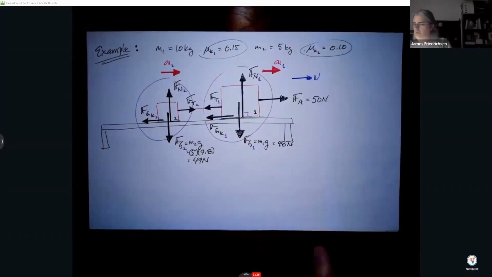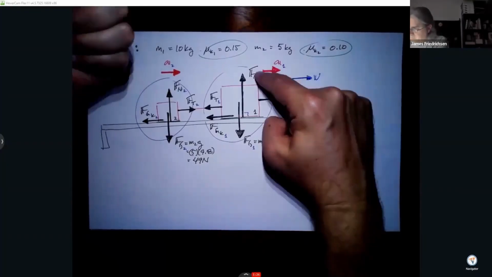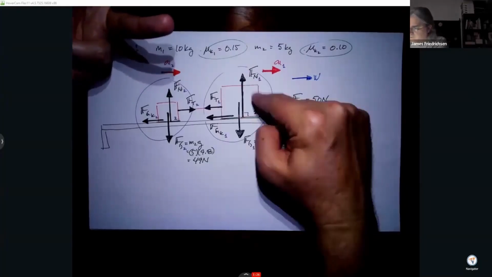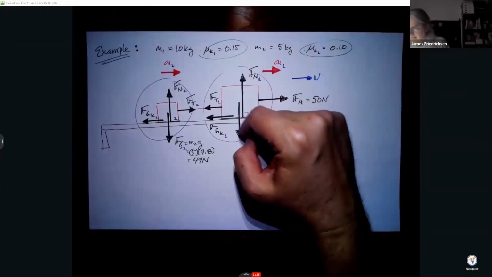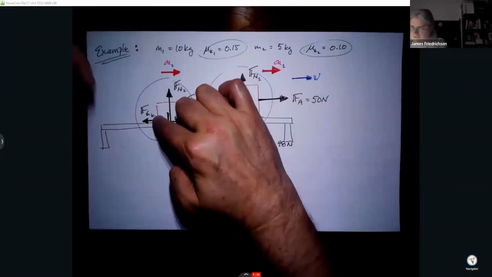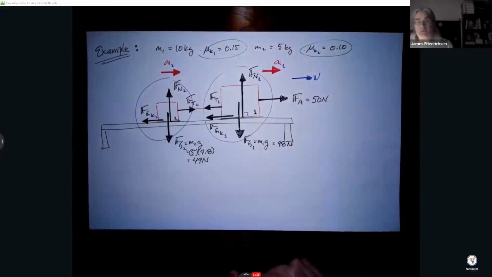So number one, we're going to count the number of unknowns. We have the acceleration, the normal, the kinetic friction, and the tension. That's 4 unknowns on box 1. And then I have acceleration 2, normal 2, tension 2, kinetic friction 2. That's 4 unknowns on box 2. So there are 8 unknowns.